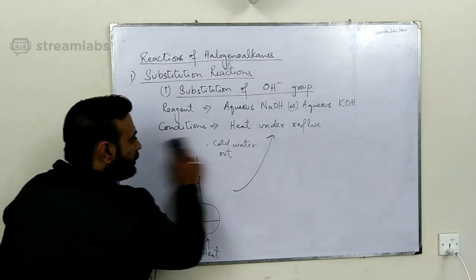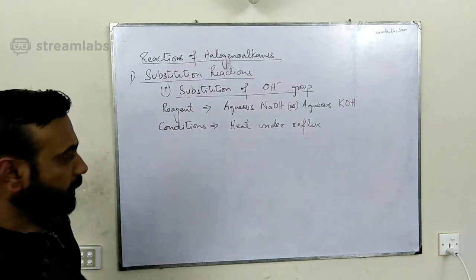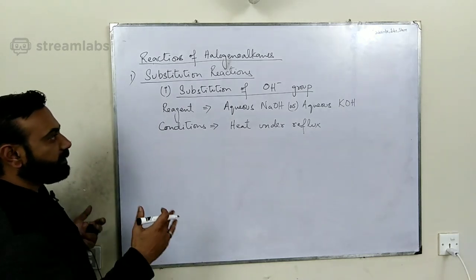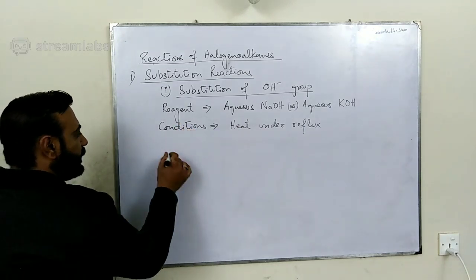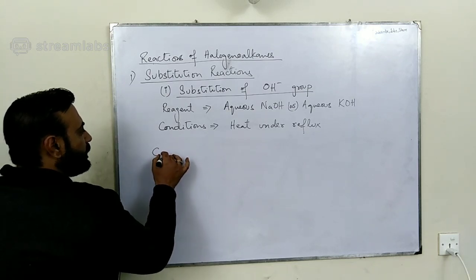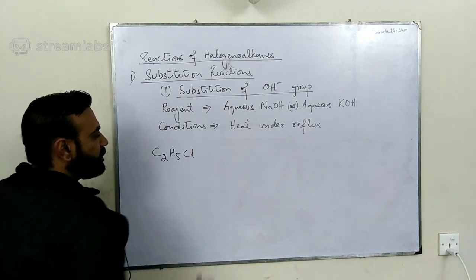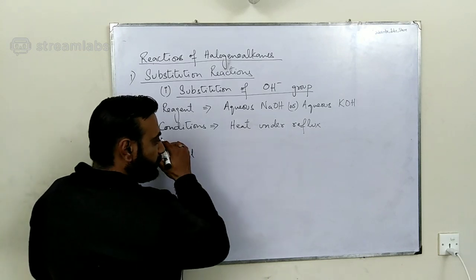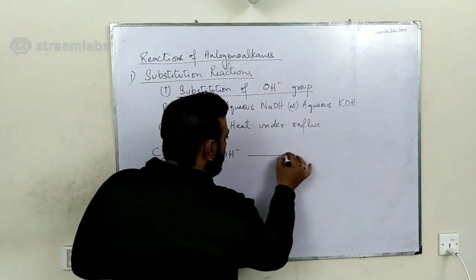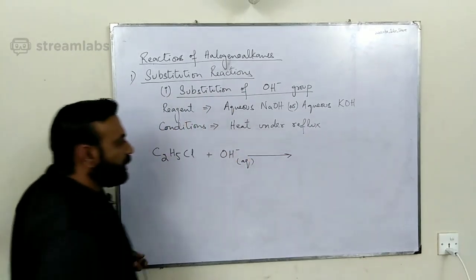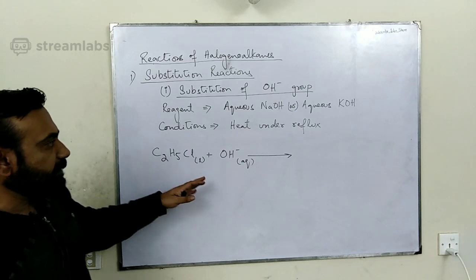So guys and girls, let us move on to the reaction. In this case, we are dealing with the substitution of the OH group in a halogenoalkane molecule. Suppose we are talking about C2H5Cl, chloroethane, and we react it with aqueous sodium hydroxide or aqueous potassium hydroxide.